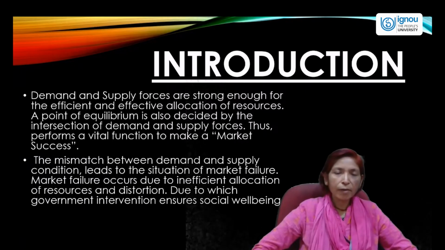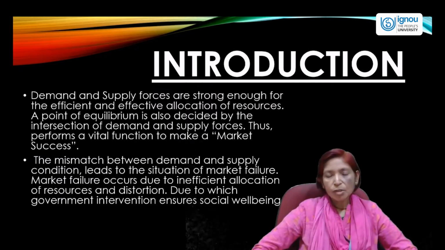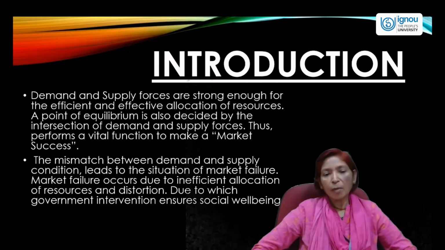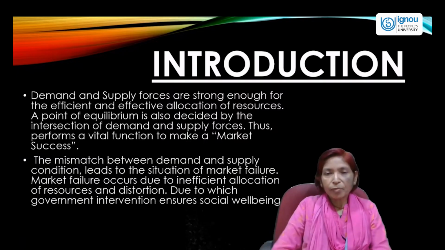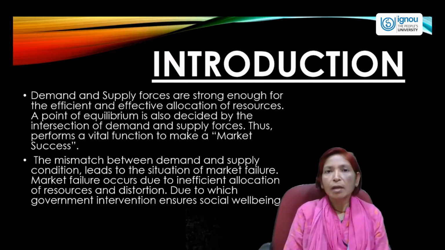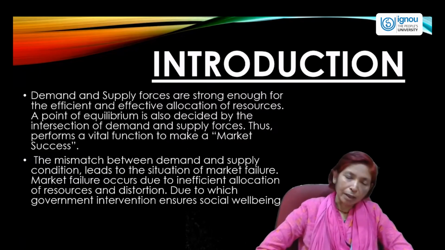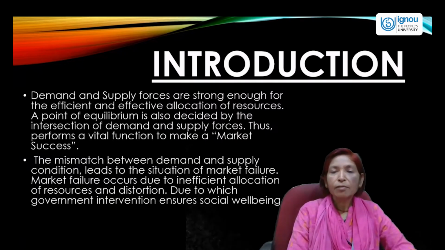If the government interferes in the market, then we can solve this problem. So government intervention is necessary to solve the problem of market failure. If government intervention exists in the economy, then we can ensure society's well-being, or social well-being. So this is the introduction of market failure.